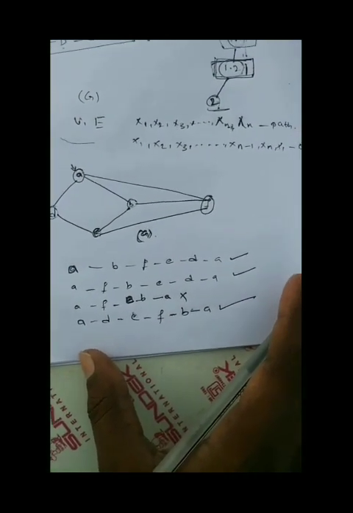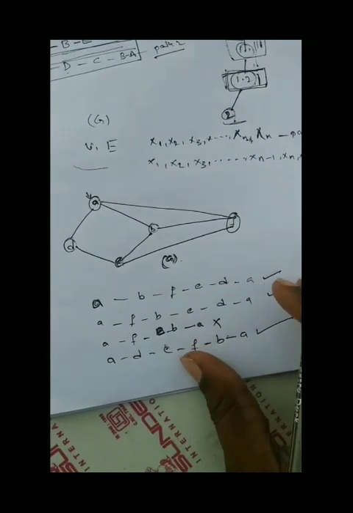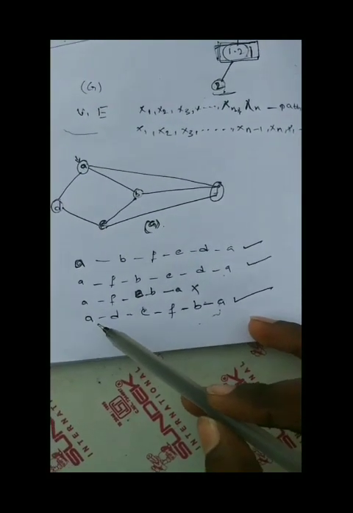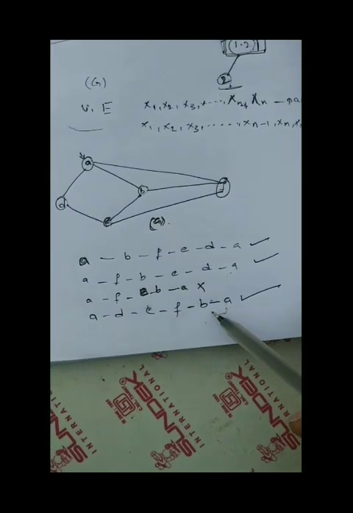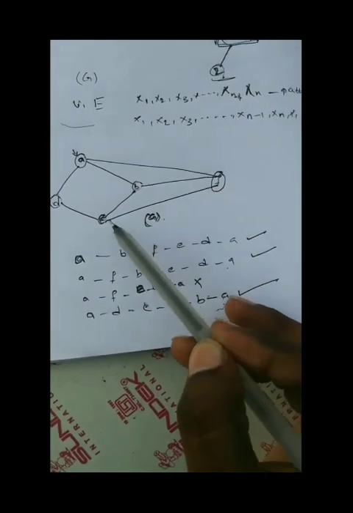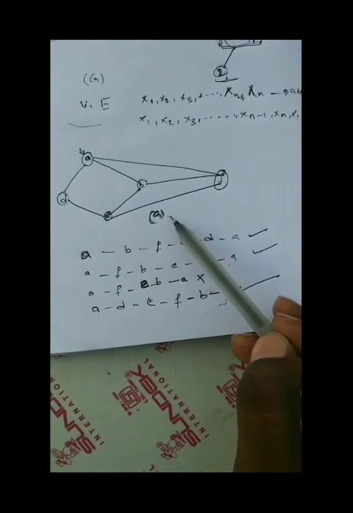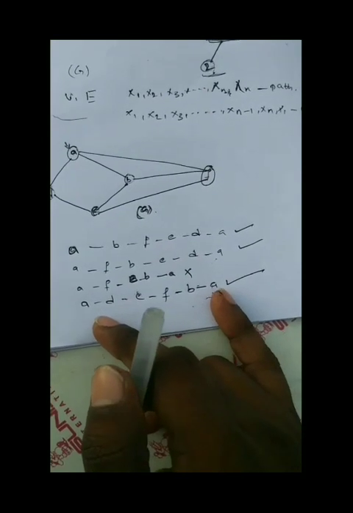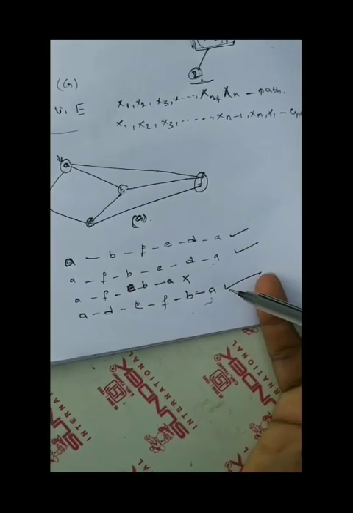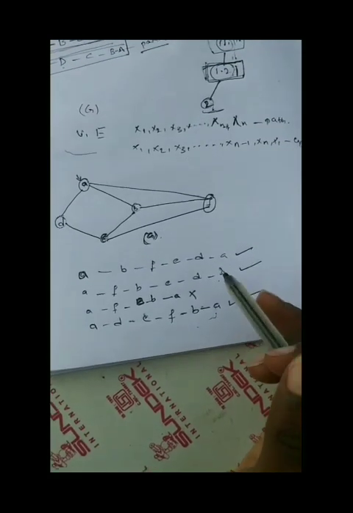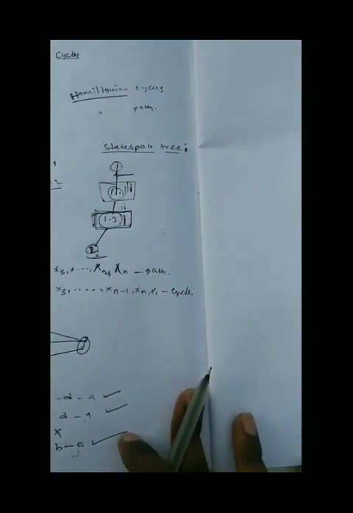The starting vertex is visited more than one time, and the remaining vertices, the internal vertices, are visited only one time. So these three are forming valid Hamiltonian cycles. Let us draw the state space tree.